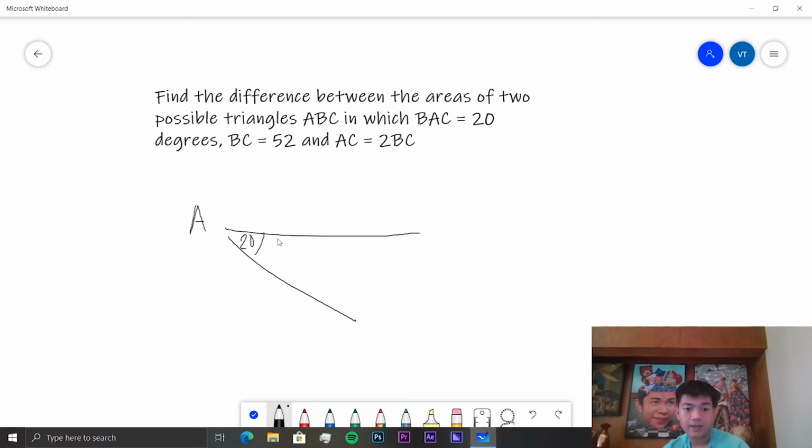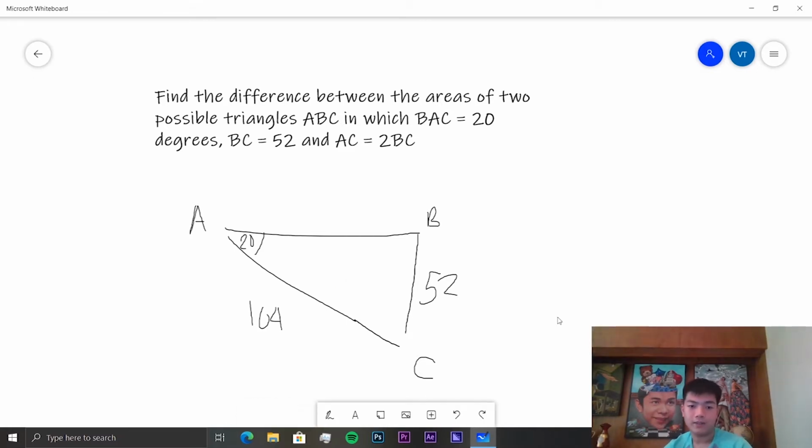This is side A. BC is 52 and AC is 2BC. So let's have a long AC side and then a short BC side. And so the two different triangles will, of course, be constructed like so. So we have BC is 52 and AC is 2BC. So the AC is 104, that's what they're saying.